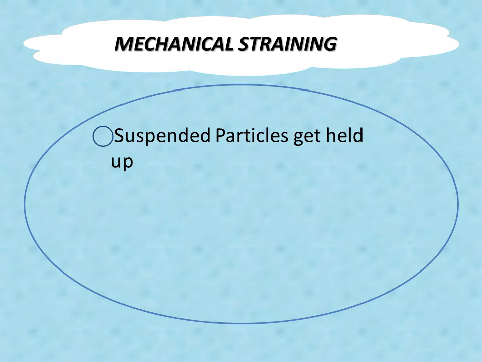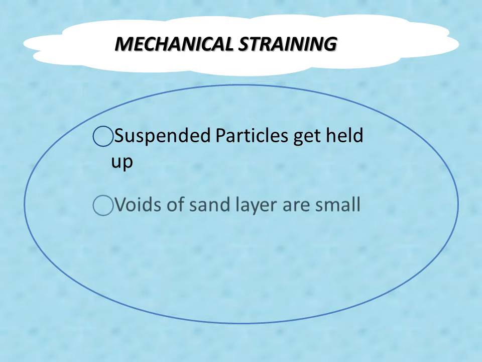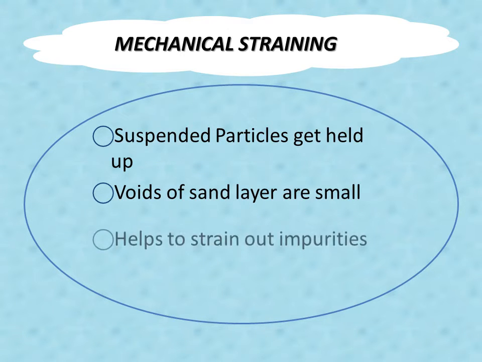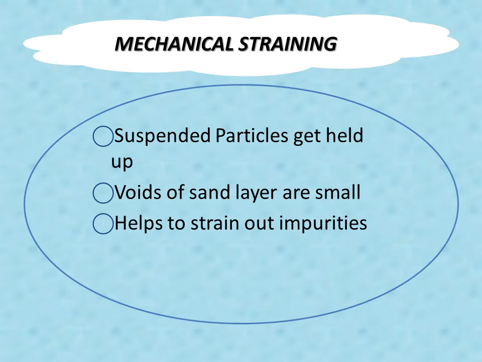That is, it will be free from the organic impurities, and these particles act as a mat because they settle down on top of the upper sand layers. This mat increases the rate of straining out of impurities. So that was mechanical straining.